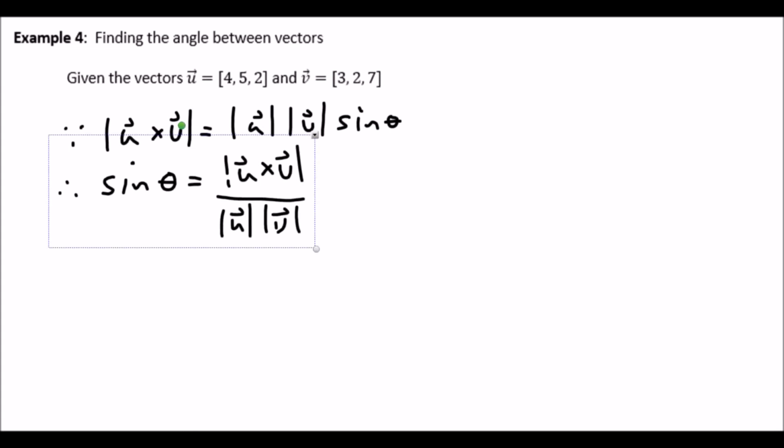Well, I have that. The nice thing is I already have this answer here. This answer is the square root of 1494, as we saw in example 3.